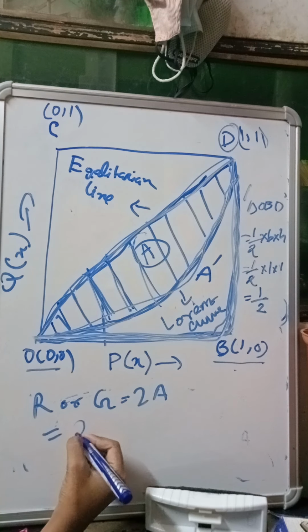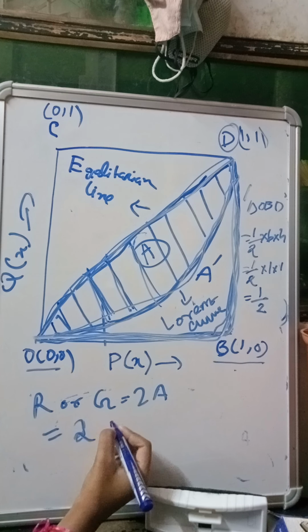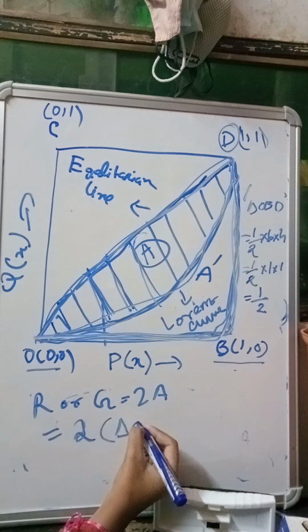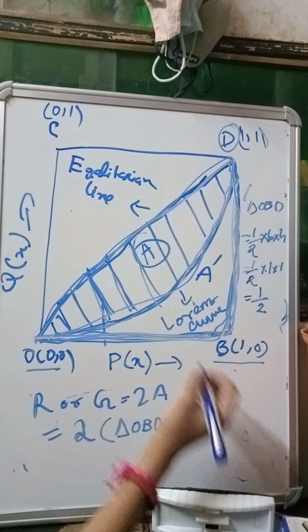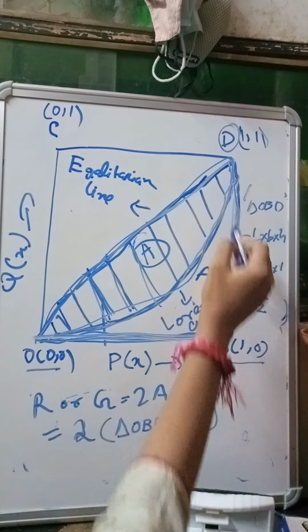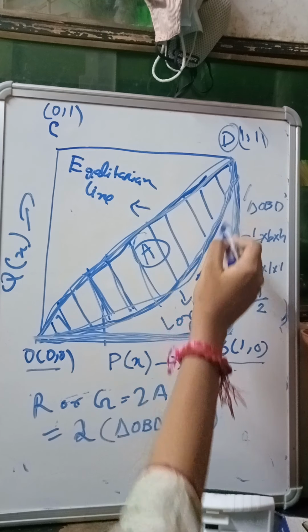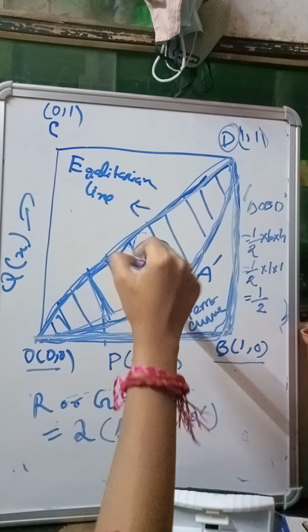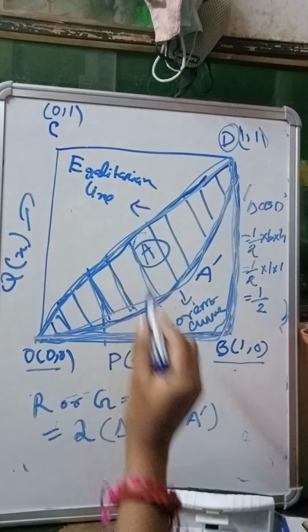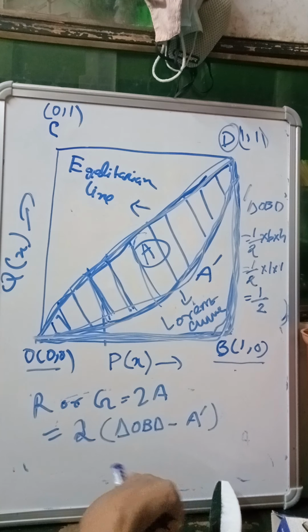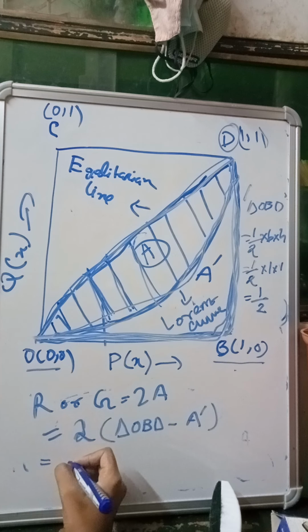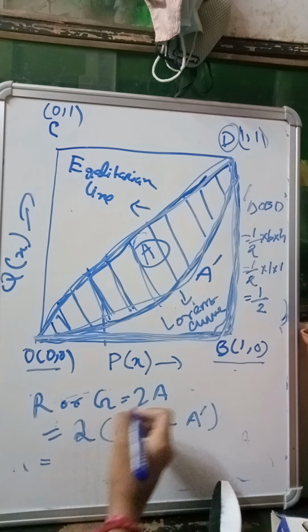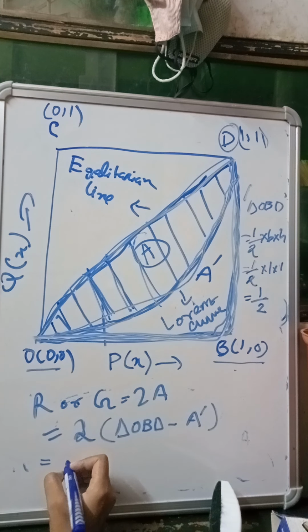So instead of writing A, I can write 2 into triangle OBD minus A dash. Just notice, this is the triangle OBD, and if I deduct this part, that is A dash, we are left with only the area of concentration. So OBD minus A dash will give us the area of concentration.